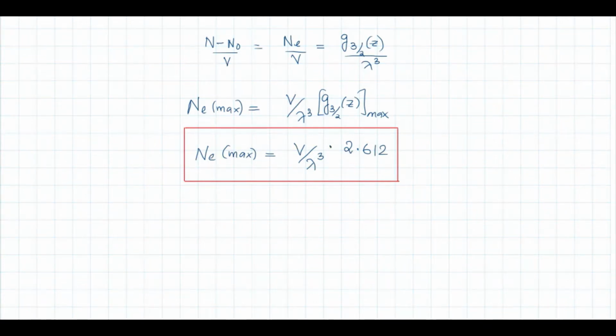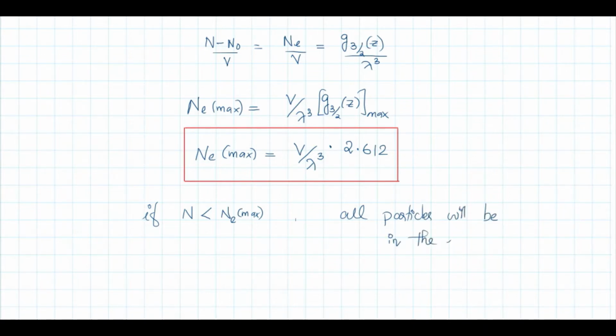If the total number of particles in the system is less than this maximum value, then practically all particles will be in the excited states, and there is no issue.